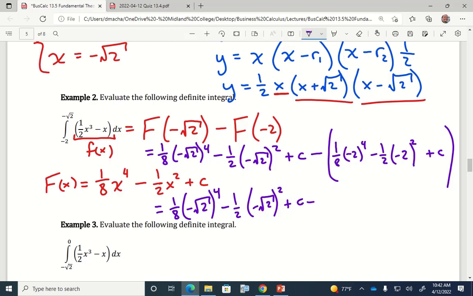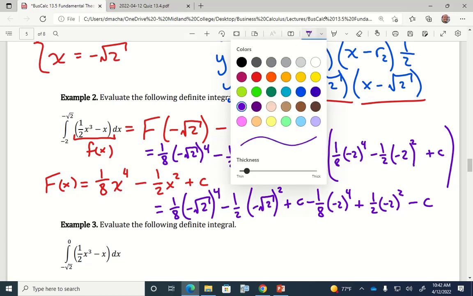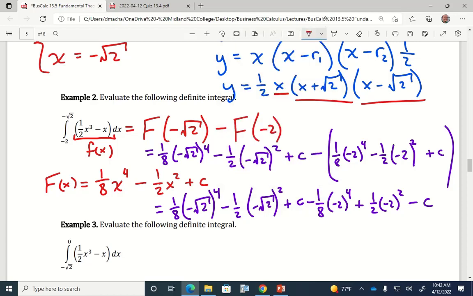You do minus 1/8 negative 2 to the 4th. Minus a negative makes plus 1/2 negative 2 squared minus c, because you distribute the minus sign. Then like I just said a moment ago, I have a plus c right here and I have a minus c. But plus c, minus c means these cancel out.